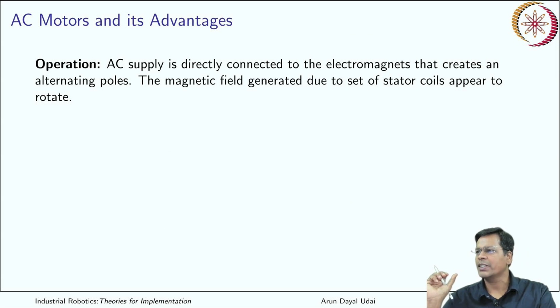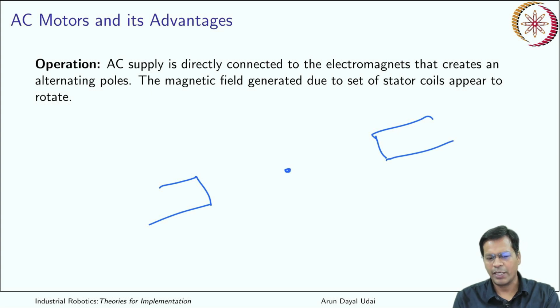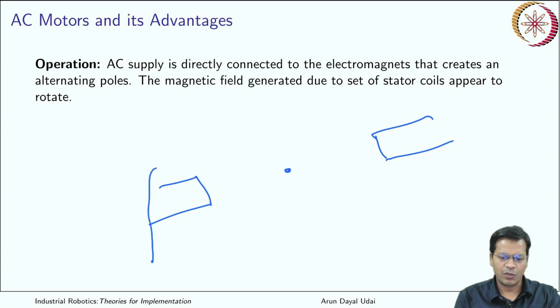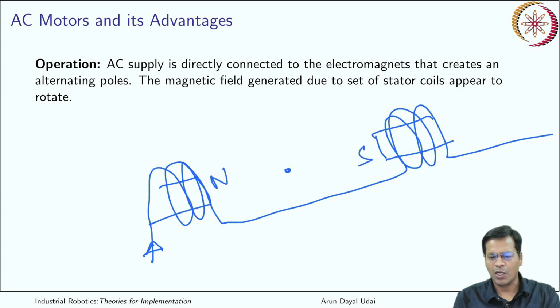Operation wise, the AC supply is directly connected to the electromagnets that create alternating poles. You know this already from your earlier knowledge. What you saw is there is a magnet, in between you may have a shaft, and you have a coil that goes like this and is wound like this. If you flow current like this, this becomes north and this becomes south.